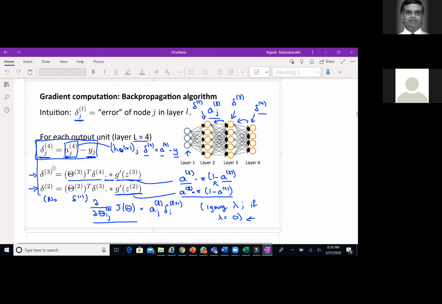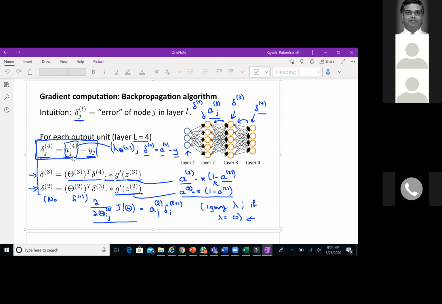So the calculation of the first errors of the final layer is very simple. Is this part clear? Delta 4 of J equals A4 of J minus Y. Is that clear? Yes. Okay, great. Now let me ask you a question. How did you get the A4 of J? It's from the forward propagation.